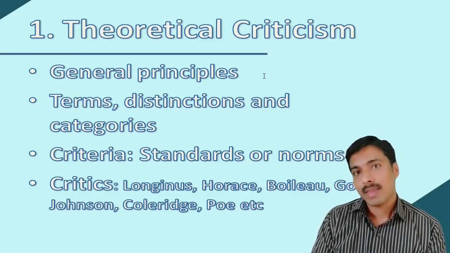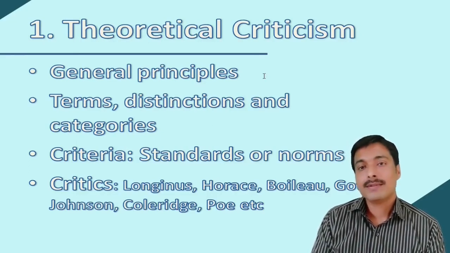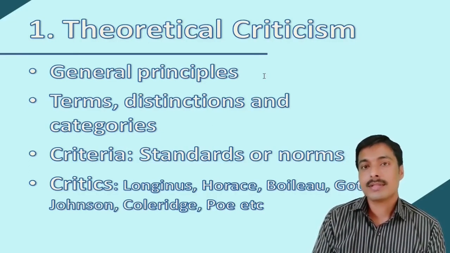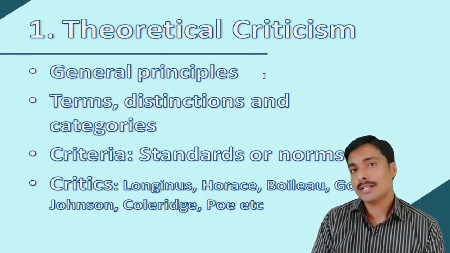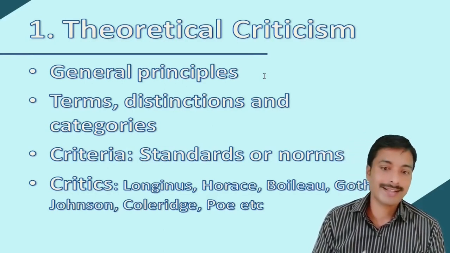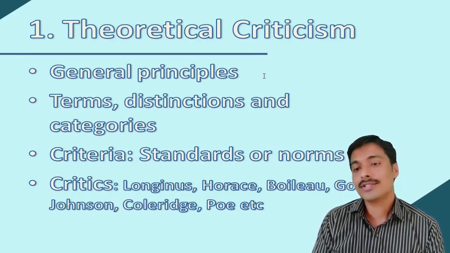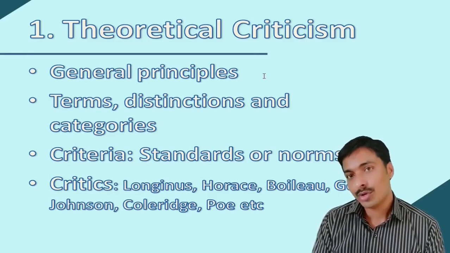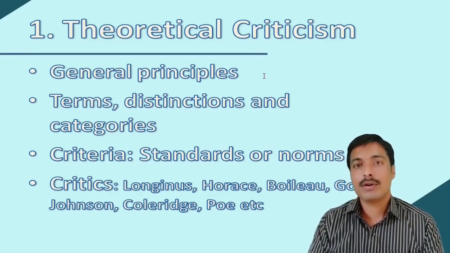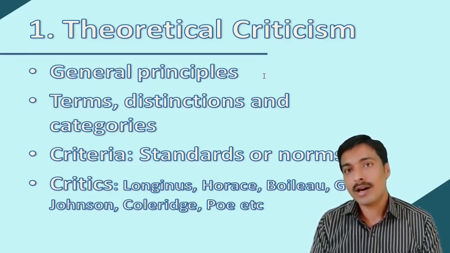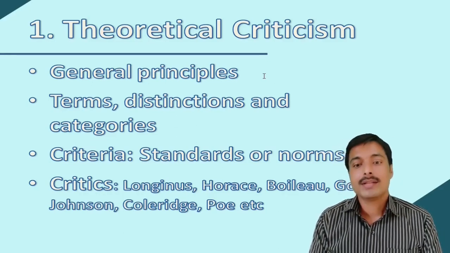Theoretical criticism deals with establishing general principles and formulating terms, distinctions, and categories, or rather standards and norms, which will be used for assessing works of art or works of literature.